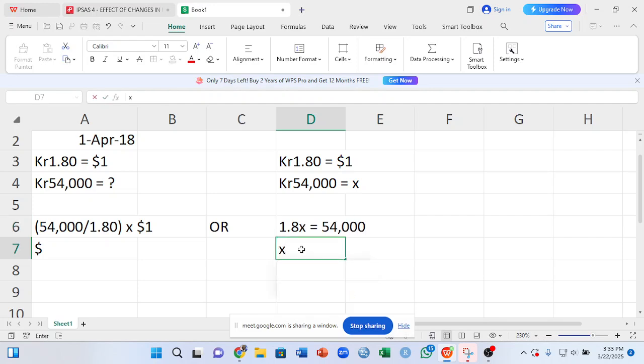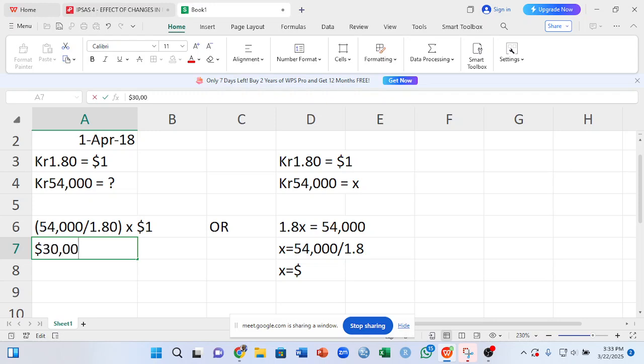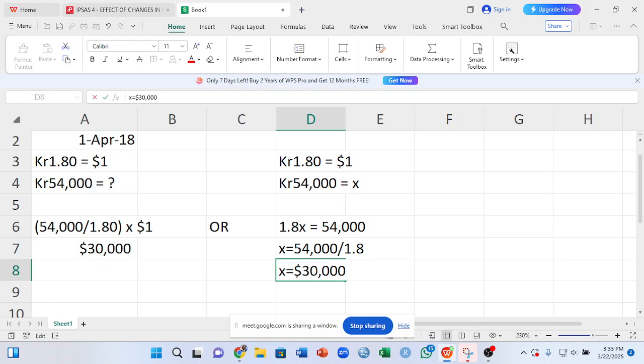Then x will be equal to 54,000 divided by 1.8, which is your answer in dollars. What are you getting? You get the same answer for both: 30,000. Same here, 30,000. Are you fine? Yeah, question.